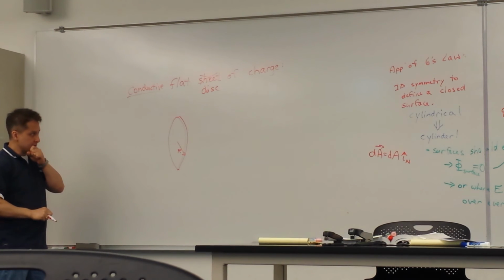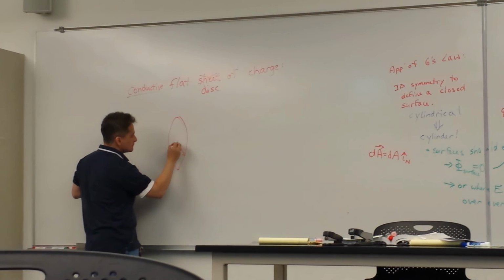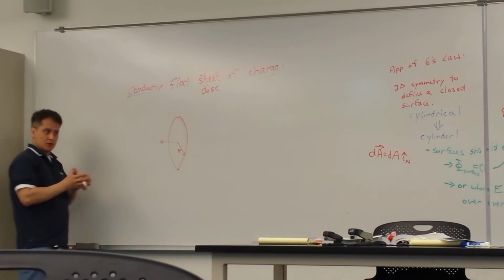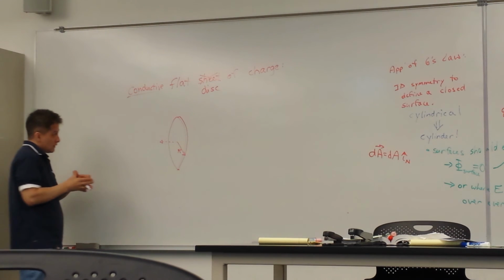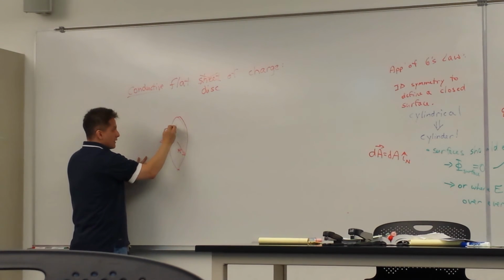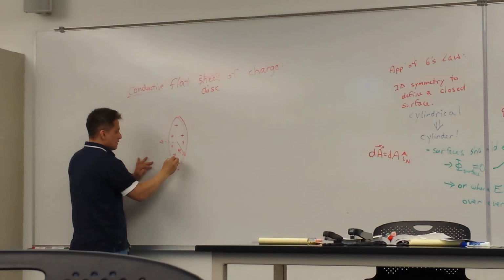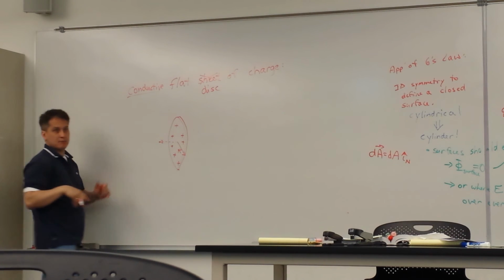And the question is, if we were to be a certain distance away from this sheet, and give this thing a certain amount of charge, what is the electric field at some point out here?